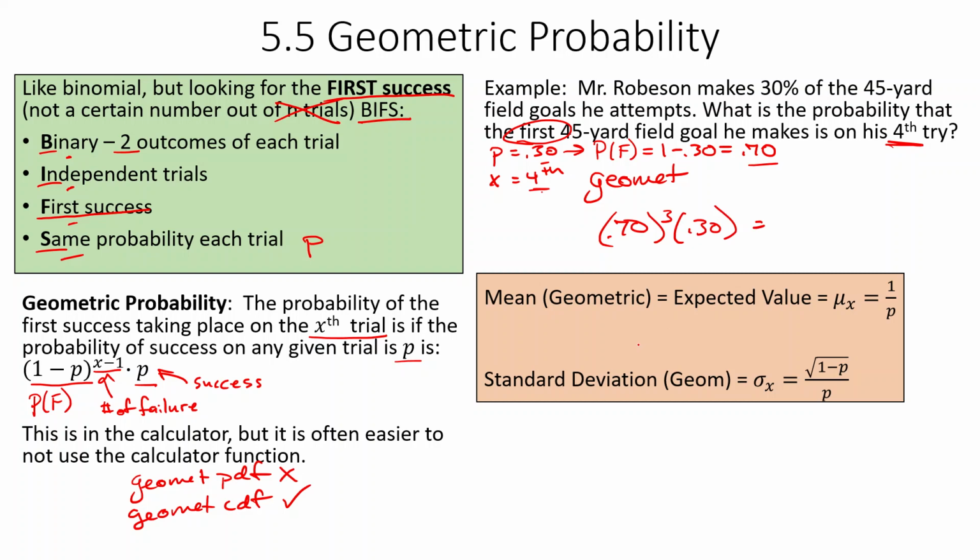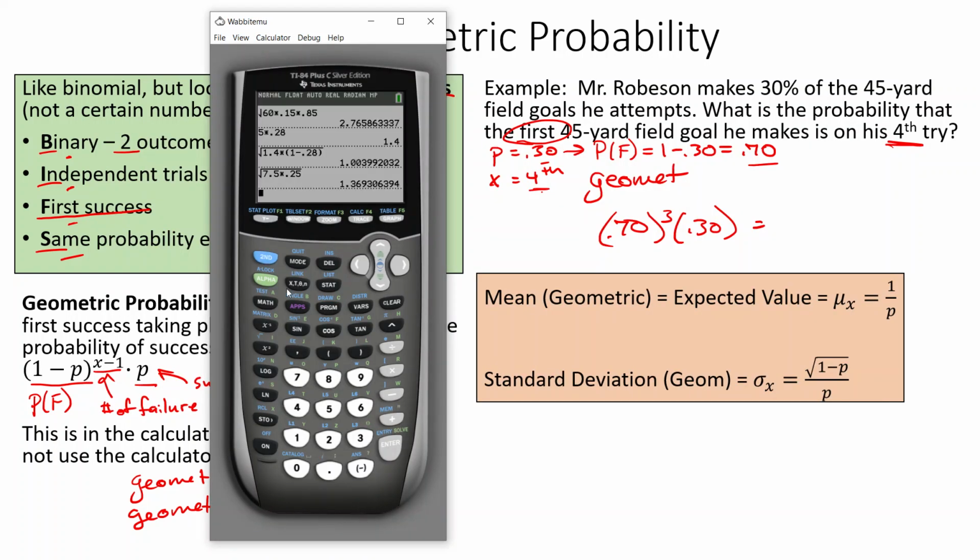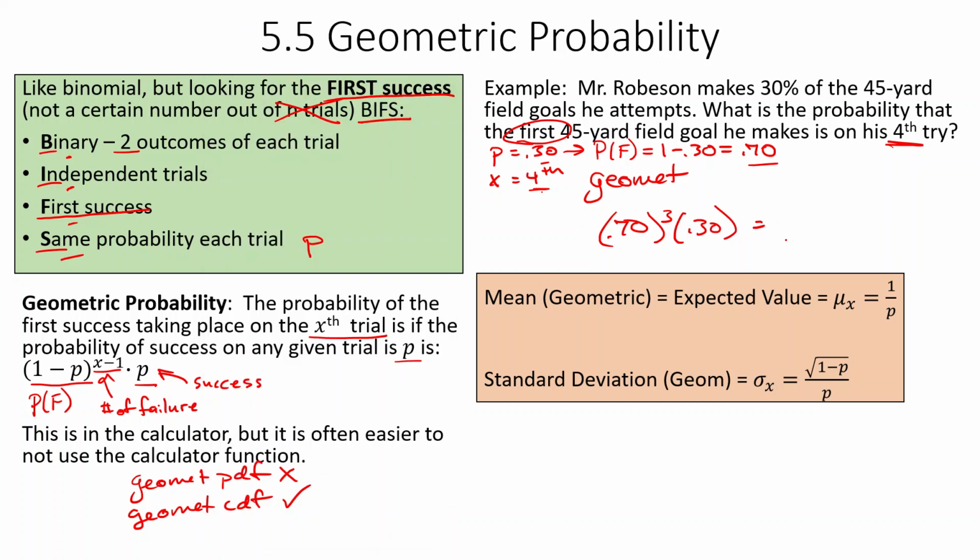That's going to give us our answer. So we're going to have 0.70 raised to the third times 0.30, and that gives us 0.1029. And that's how geometric works.